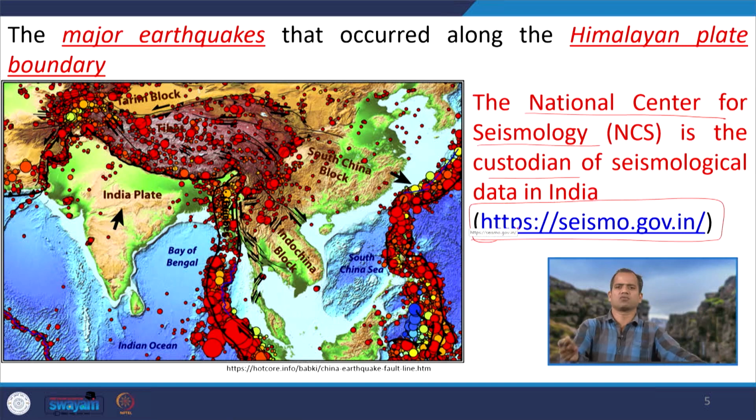All these earthquake records of different magnitude, different place and date can be found on this website, and you can take them and model them for future prediction of these earthquakes. And you see the earthquake distribution of the Indian subcontinent and around, and particularly the Himalayan region, it is concentrating at this part.